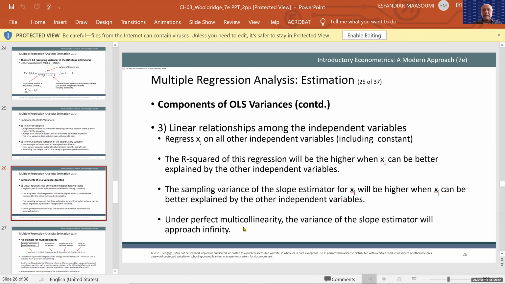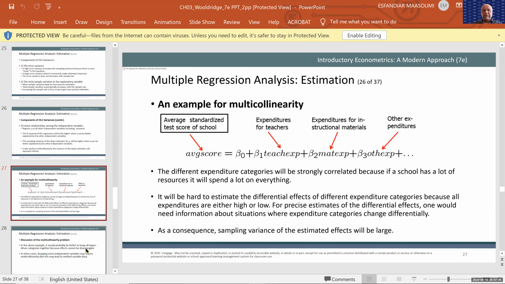They report the problem. But as you get close to perfect multicollinearity, you get close to infinite variances. We learned that infinite variances often mean you obtain insignificant coefficients, so you have some clue about which coefficients, which regressors to drop.